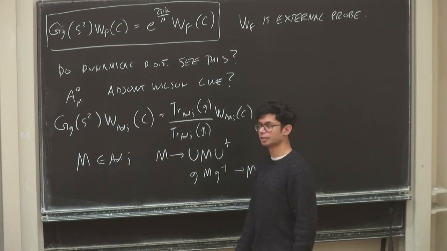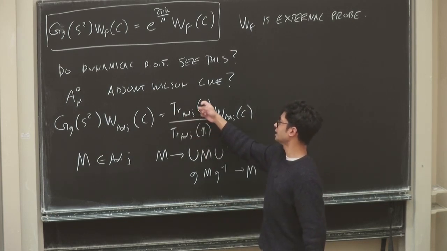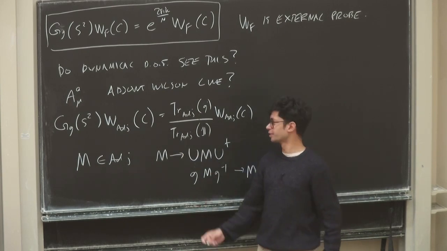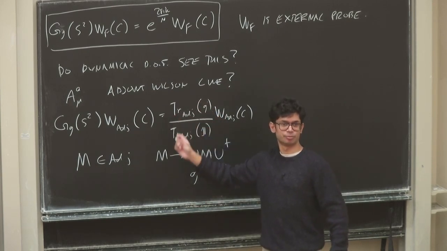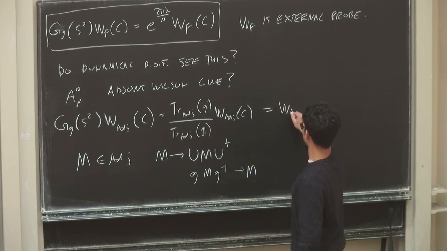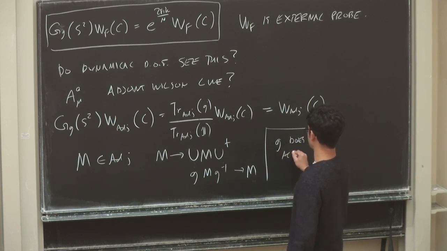And therefore, the trace of any center element in the adjoint rep is just 1, or rather, 1 times the dimension of the adjoint representation. In other words, this is now equal to this, and so we get this. The reason this happens is that the center G does not act on the adjoint representation.